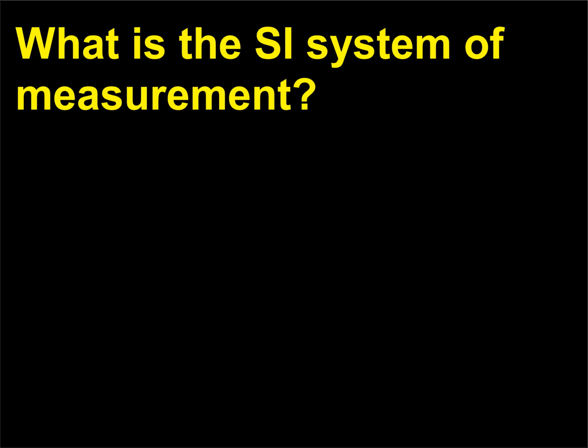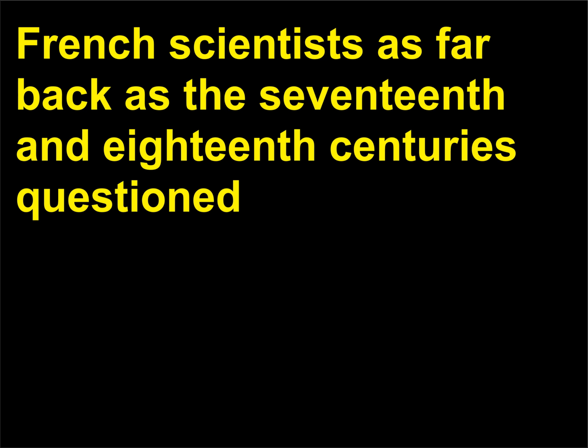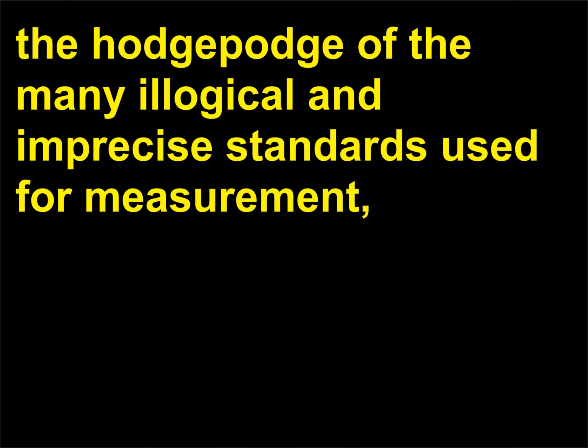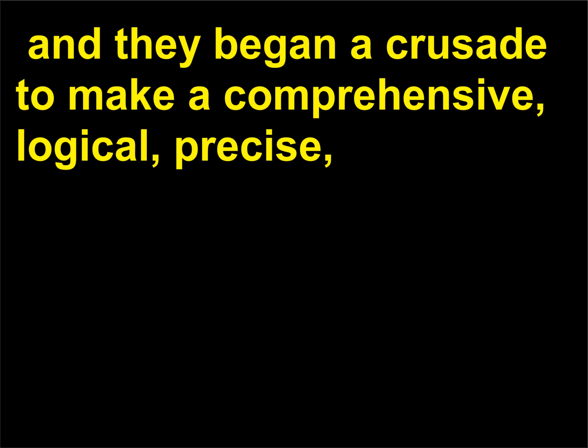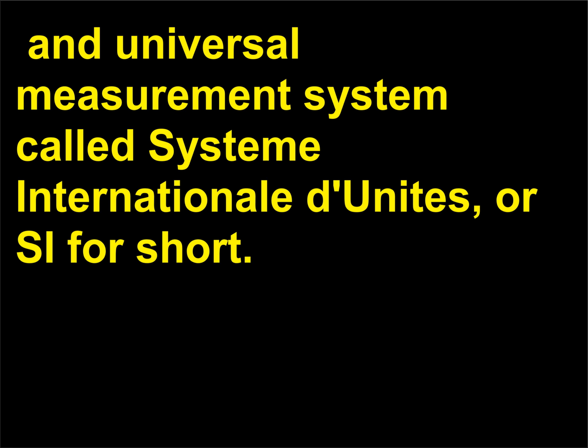What is the SI system of measurement? French scientists as far back as the 17th and 18th centuries questioned the hodgepodge of the many illogical and imprecise standards used for measurement, and they began a crusade to make a comprehensive, logical, precise, and universal measurement system called Système International d'Unités, or SI for short.